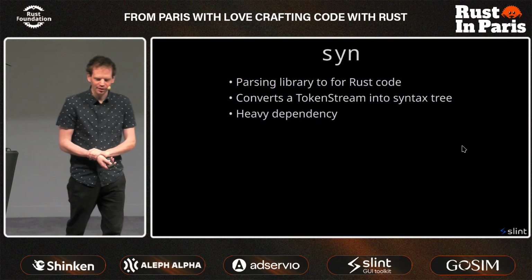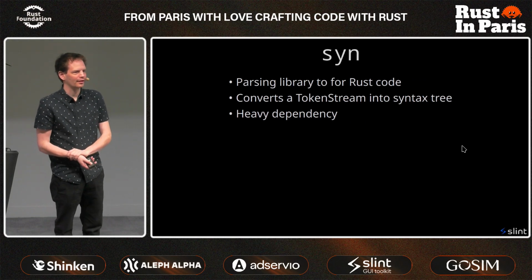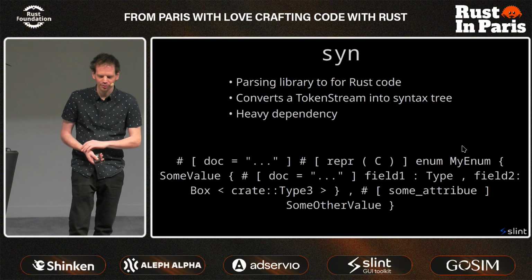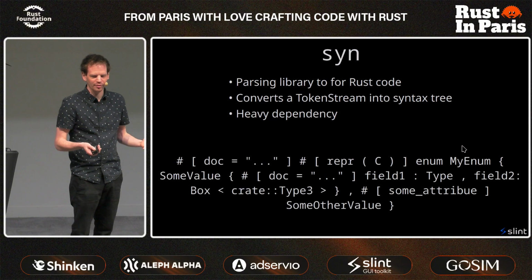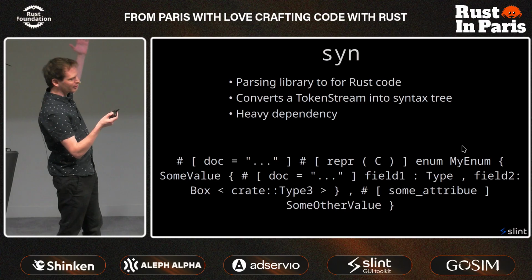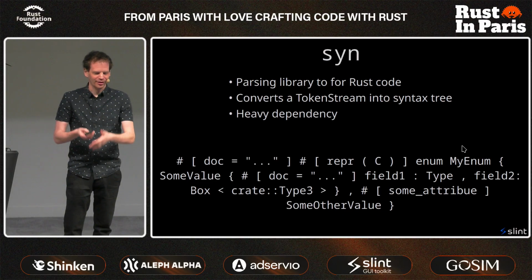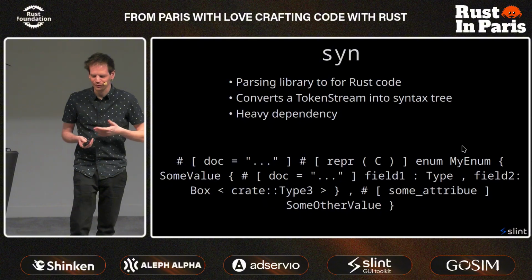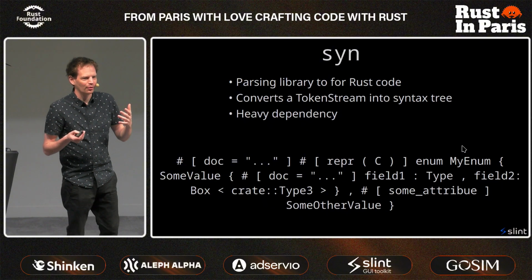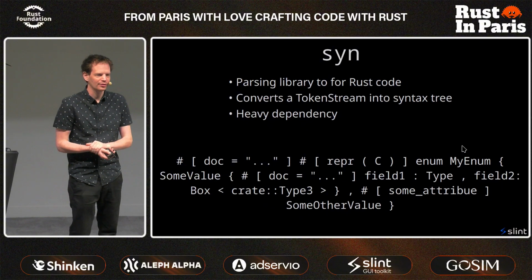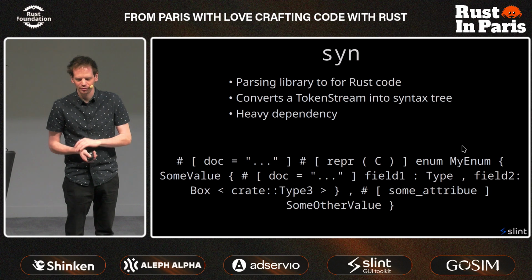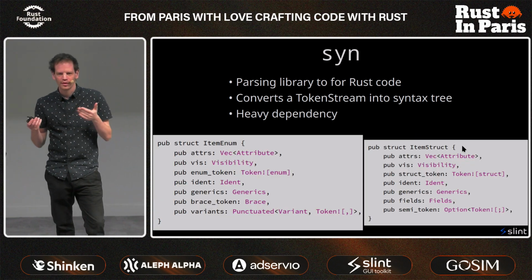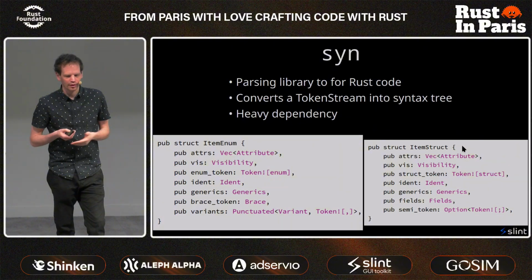So speaking of syn, this is a crate that is parsing the Rust code. What does that mean? What you get as a token stream is basically a string of tokens: hash, open bracket, and things like this. Not very useful. You could try to parse all of this yourself, but what you really want is for a struct to have the list of all the items, or for an enum to have all the variants.